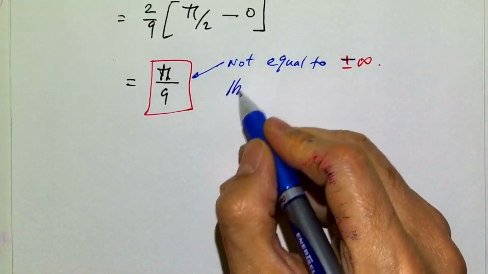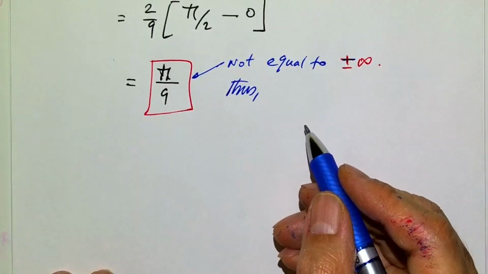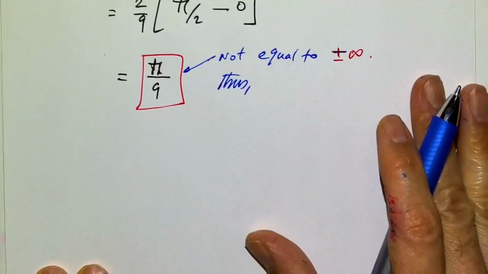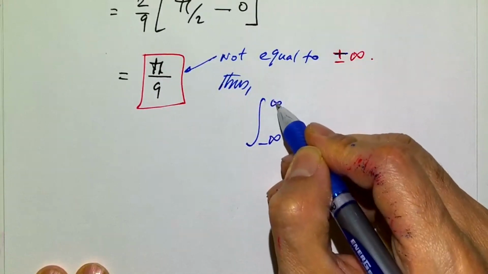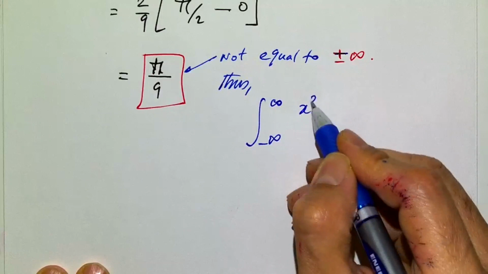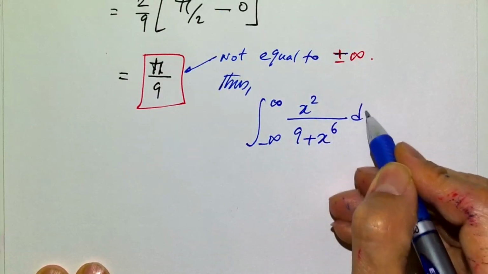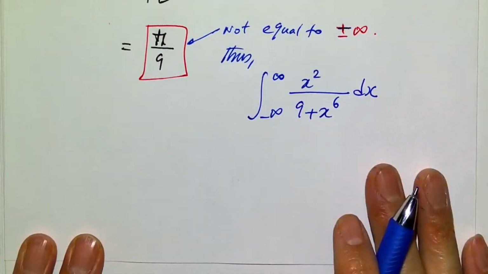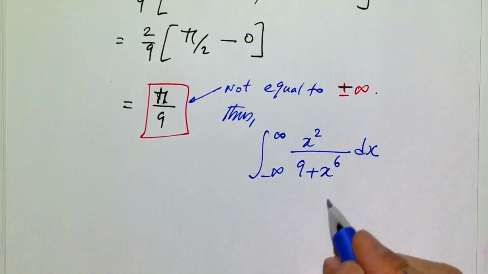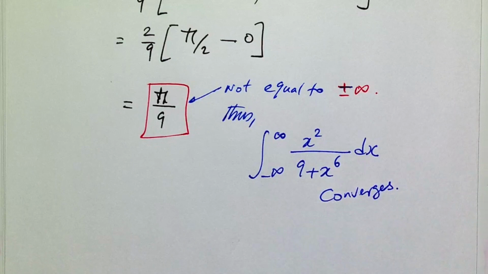Thus, that original expression, the integral from negative infinity to infinity of x squared over 9 plus x to the 6 dx, converges. Okay, so converges.